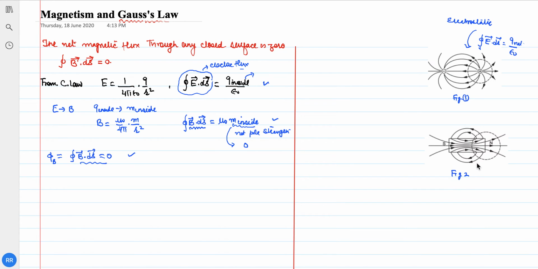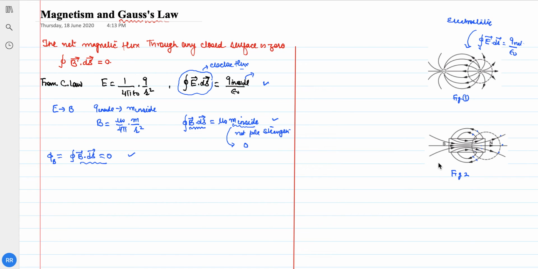But see in figure number 2, look carefully at this closed surface. Here the north pole is represented, and these magnetic lines of force are going outward from this closed surface. But the same lines of force are coming inside. Let me count it once again: 1 2 3 4 5 6 7. Seven lines of force are emerging out from this surface, but seven lines of force are coming inside: 1 2 3 4 5 6 7. So the net magnetic flux is equal to 0.